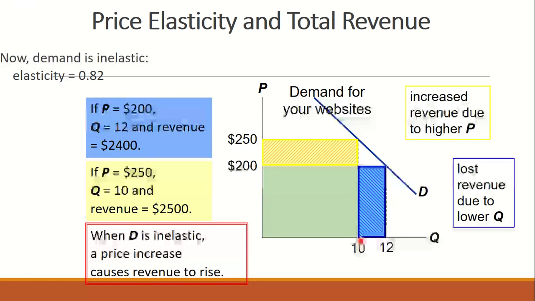So here the lost revenue shown by this area is less than the revenue gained, shown by this shaded area. So when demand is inelastic, a price increase causes revenue to rise. And the demand is inelastic, so the elasticity is 0.82.